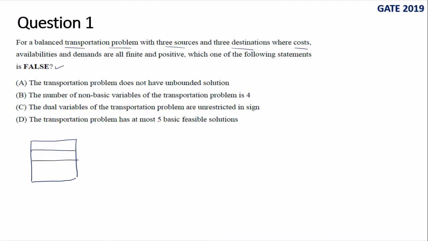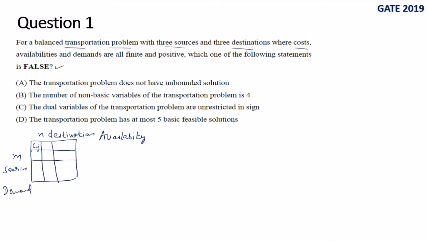This side you have m sources and in the columns you have n destinations. The shipping is taking place from the sources towards the destinations, and for each shipping combination of source and destination, we are given the cost of shipping, and then we are also given the availabilities at each source and the demands. So these are always the data given to us.